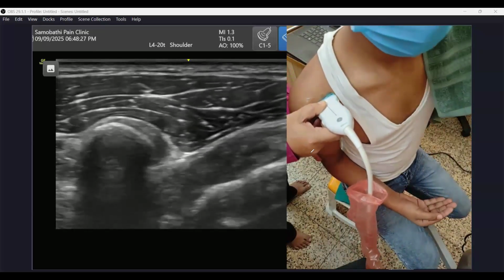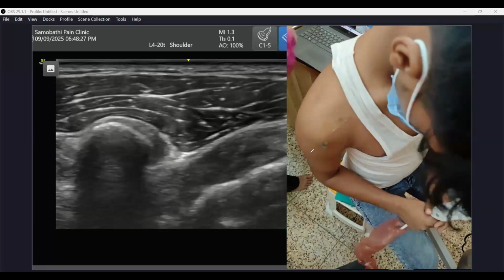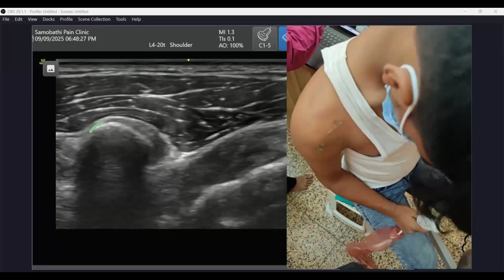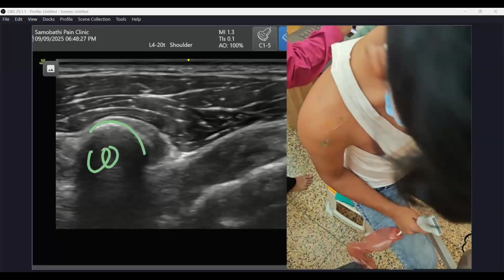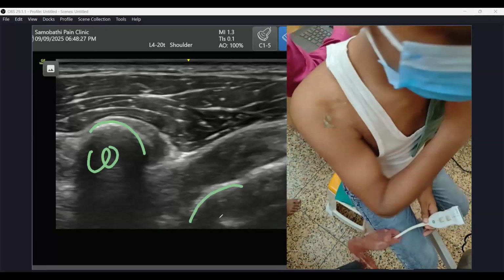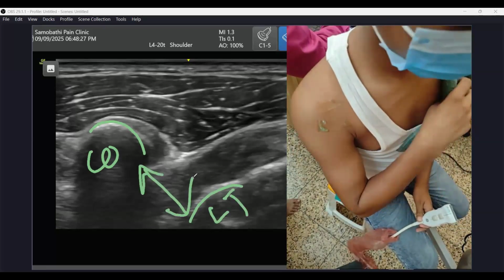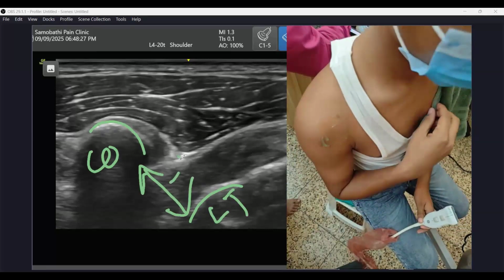Just a minute. Okay, so whenever you want to check those patients with subcoracoid impingement and anterior pain, we will be going and checking the internal rotation, whether it is going properly inside under the coracoid or not. So this is the gap.